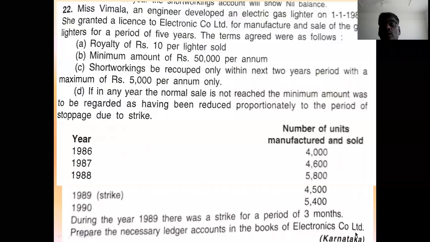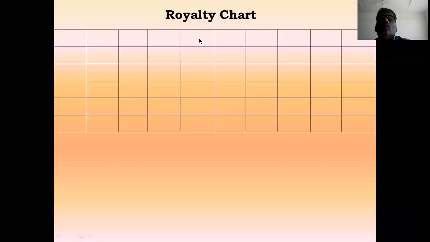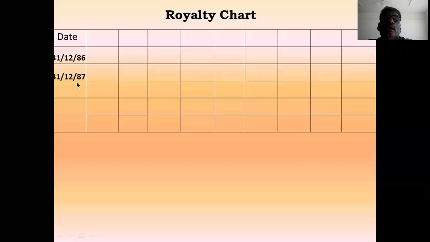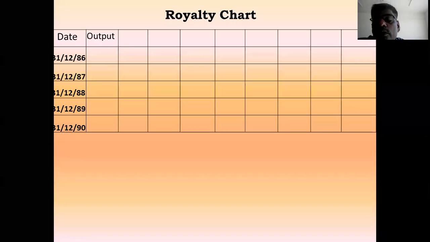Okay, now we prepare the chart, the royalty chart. You see a royalty chart. First the date: 86, 87, 88, 89, 90. You write the year and date. Then output means units manufactured and sold. First year, second year, third year, fourth year, fifth year.